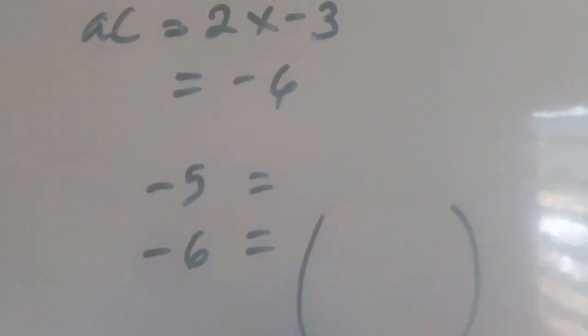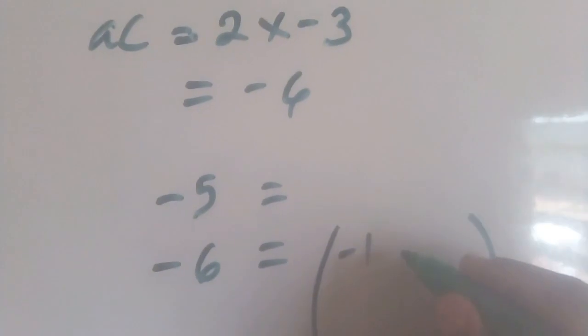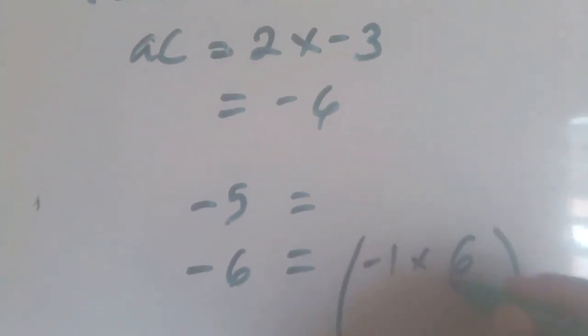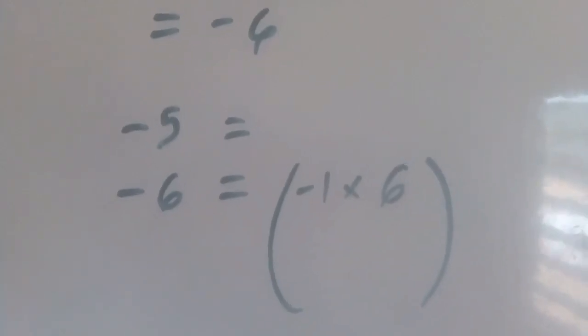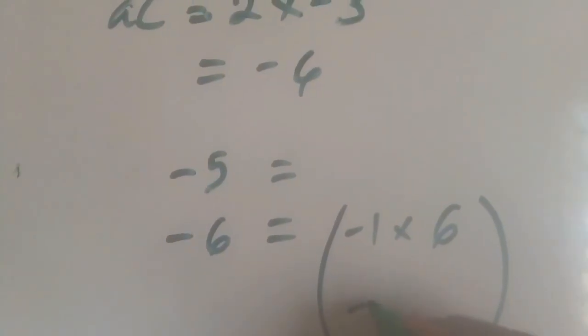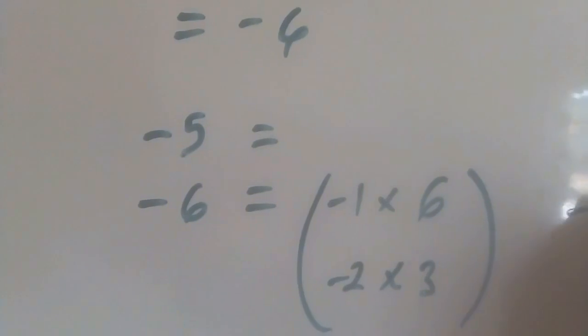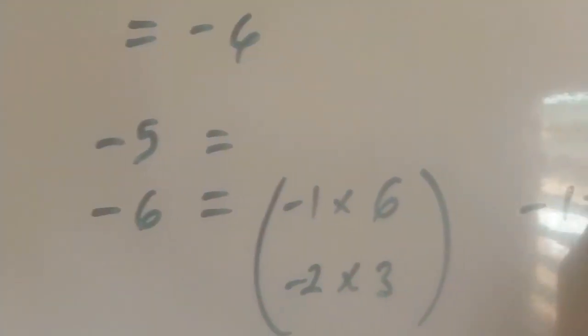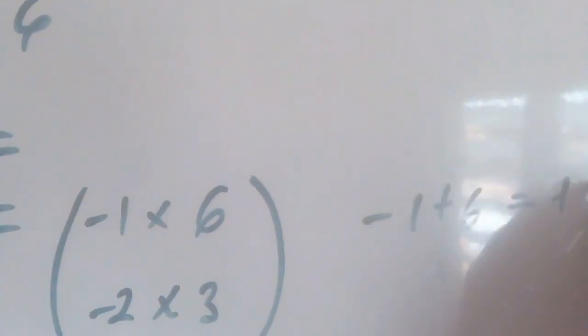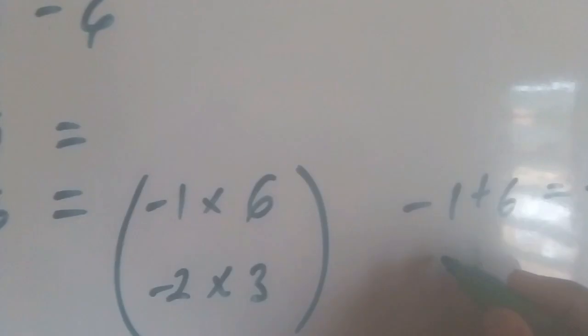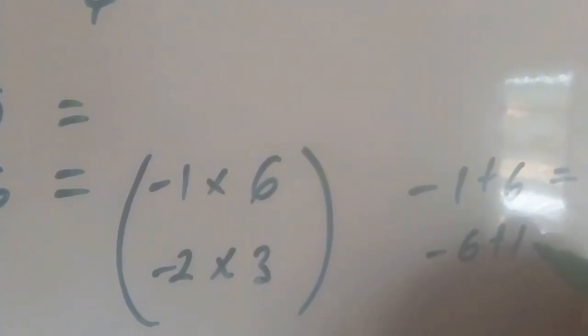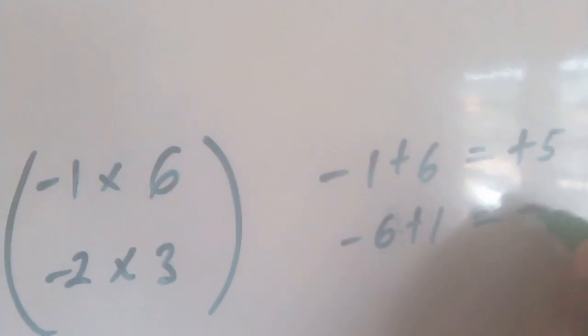So let's see, we have minus 1 times 6, and we have minus 2 times 3. So minus 1 plus 6 will give us plus 5. But if we reverse it to minus 6 plus 1, it will give us minus 5.